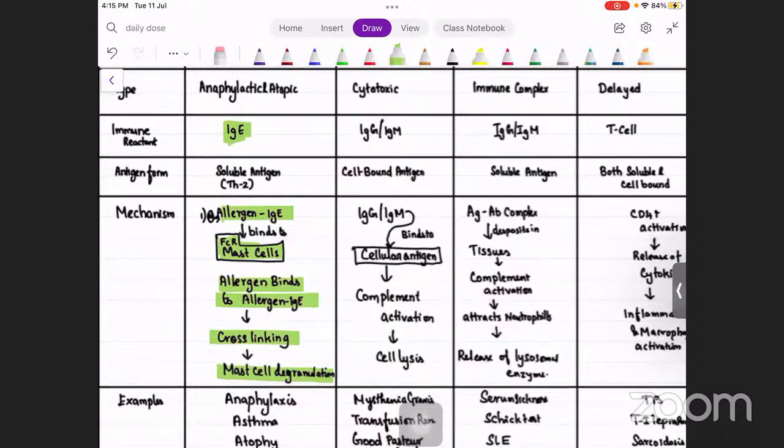Type 2 is the cytotoxic one, where IgG or IgM is mediating it. Both bind to the cellular antigen, activating the complement system and causing cellular lysis. Then you have type 3, the immune complex, with the same IgG and IgM, but here the antigen-antibody complex deposits in the tissue and activates the complement system, and the activated complement attracts neutrophils with release of lysosomal enzymes.